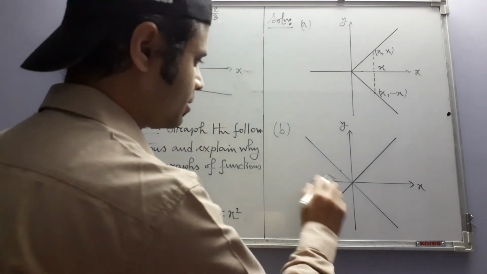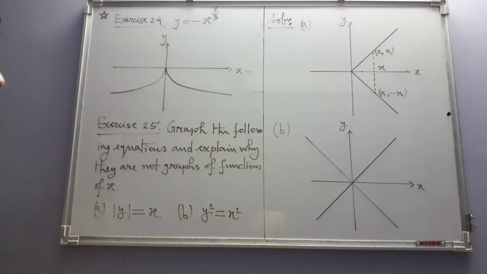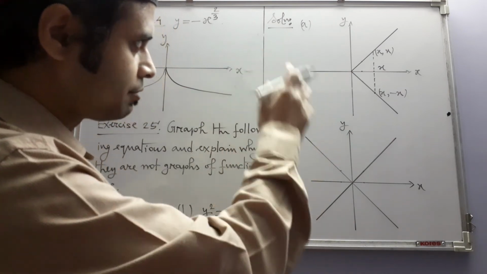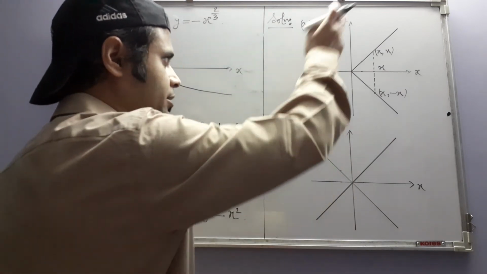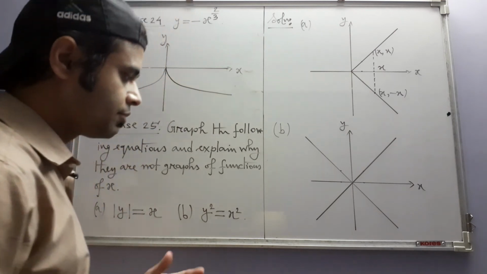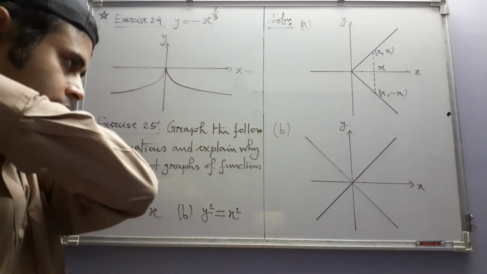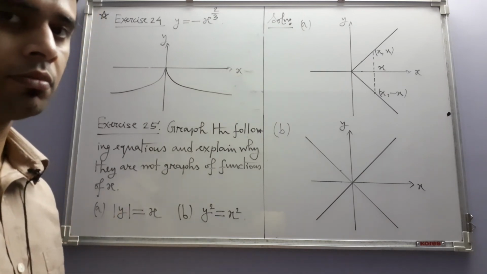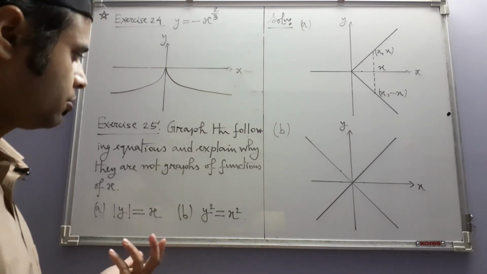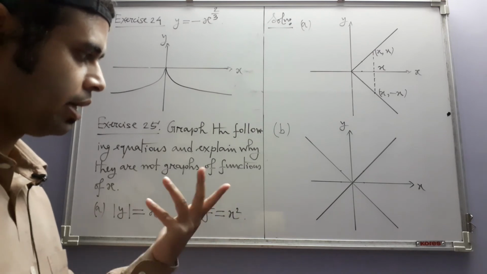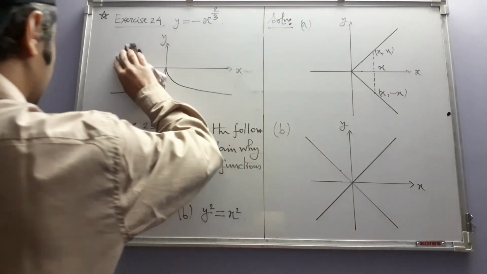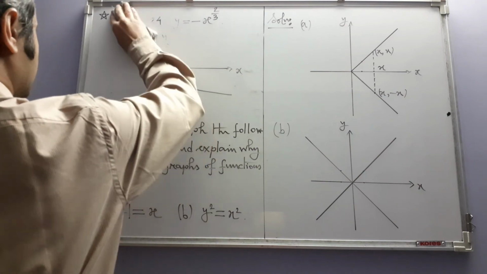That one, pair of these two straight lines. Now we can see that these graphs, this is one graph and this is another graph. None of them can be the graph of any function of x because both of them fail the vertical line test. So you can just simply write like that, since both, in fact let's write that line here.